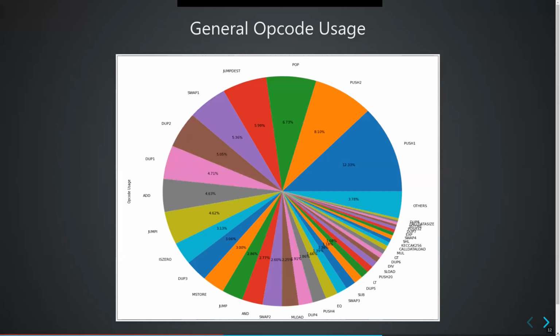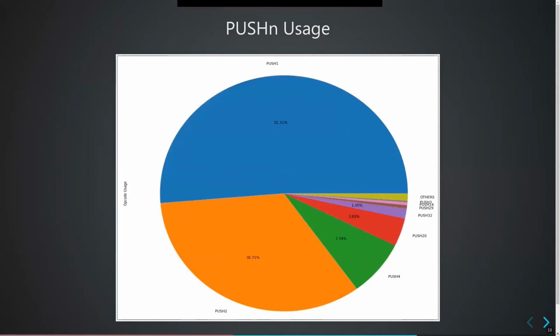From this analysis, we found that PUSH1 and PUSH2 are the most commonly used opcodes of all the opcodes. And among the specific push opcodes, we also have that PUSH1 and PUSH2 are the most common ones.